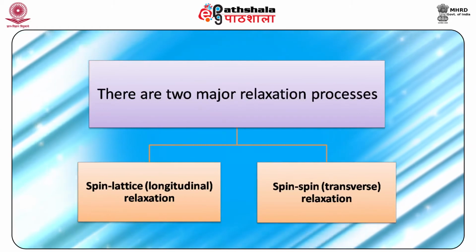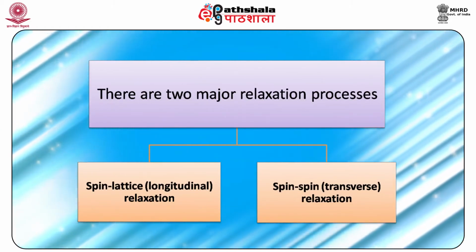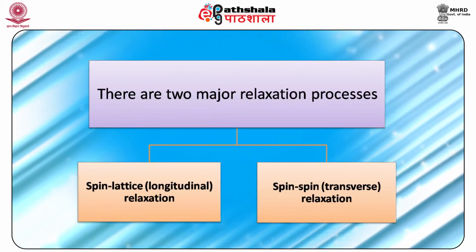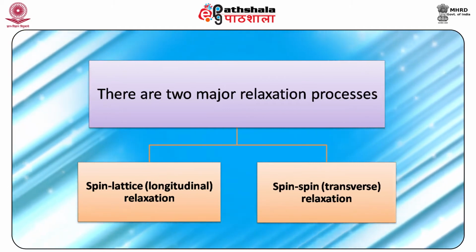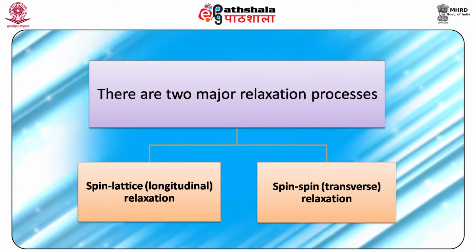The process is very important in NMR as it maintains the excess nuclei in the lower energy state, which is a necessary condition for the NMR phenomenon to occur. Now, there are two major relaxation processes. First one is spin-lattice relaxation, also known as longitudinal relaxation. Second one is spin-spin relaxation, which is also known as the transverse relaxation process.